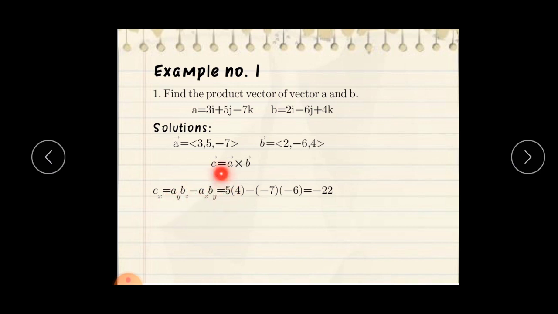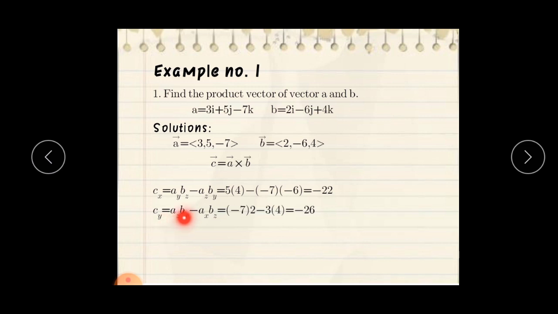The value of A sub y is 5, and the value of B sub z is 4, minus the value of A sub z, negative 7, times the value of B sub y, negative 6. So 5 times 4 minus negative 7 times negative 6 is equal to negative 22.